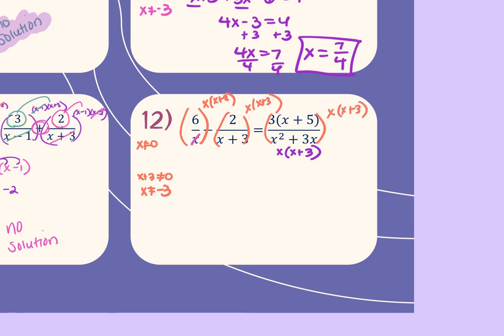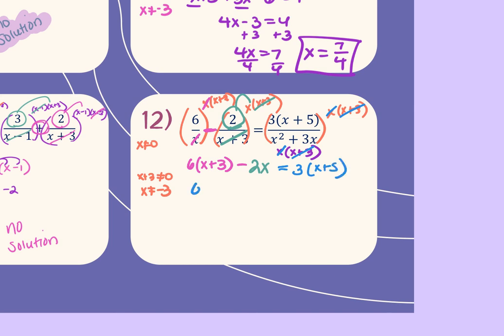From the first one, the x's cancel, and I get 6 times x plus 3. There's a minus this time, so minus the x plus 3's cancel. It's 2 times x equals the x and the x plus 3 cancel, so it's just 3 times x plus 5.